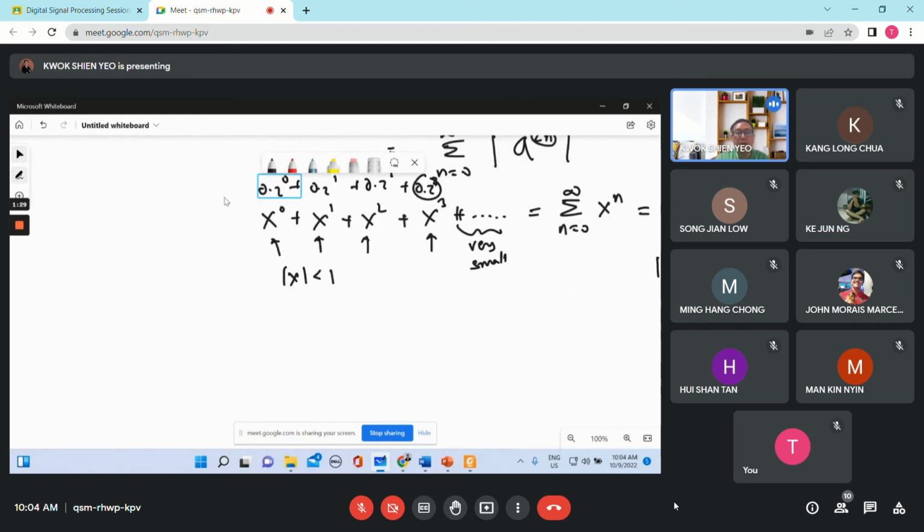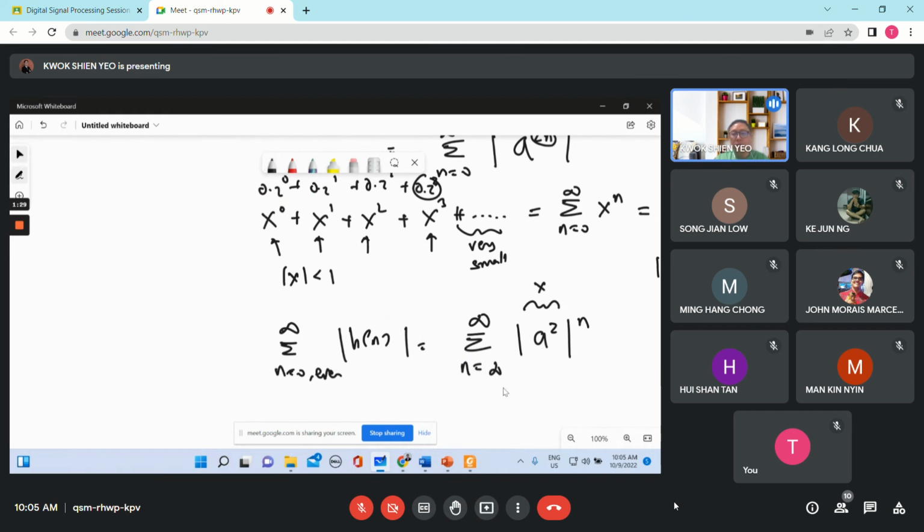Hn, summation n equals 0 to infinity, equals this, a to the power of 2, and we put the n outside here. So this is like our x.